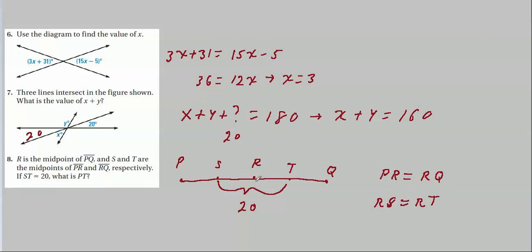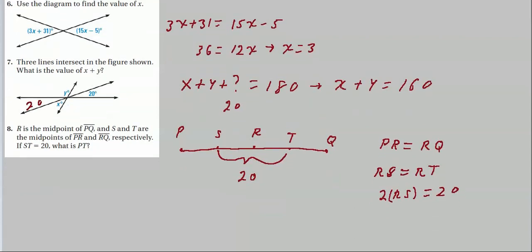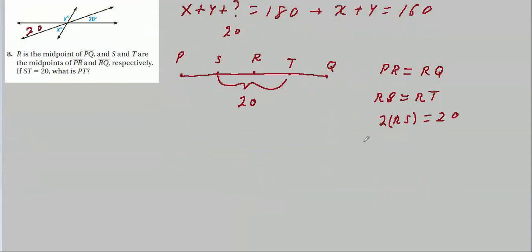And added together, they equal 20. So, since they're both equal, we could write, say, 2 times the length of RS, or RT, it's pretty arbitrary, equals 20. And that should tell us that the length of RS equals 10.